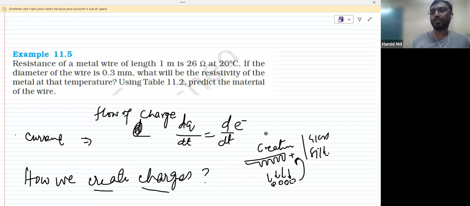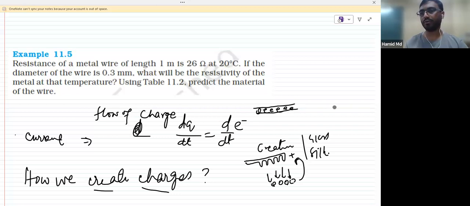So there are a number of ways to create charges. And if we have bulk charges, we can give them a path, like a pipe, and push the charges into it. When there is a continuous flow of charges, we get electricity, right?